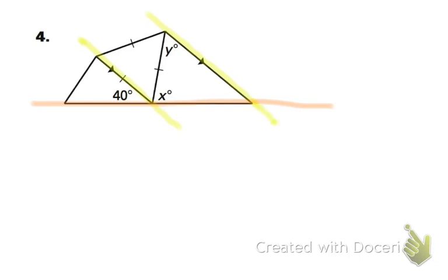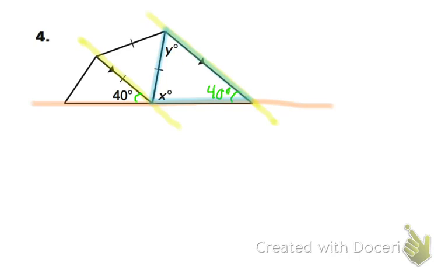Because of that, remember whenever you have parallel lines and there's a transversal going through them, the corresponding angles will be the same. So I'll mark two corresponding angles right here. Those angles are both going to be 40-degree angles.